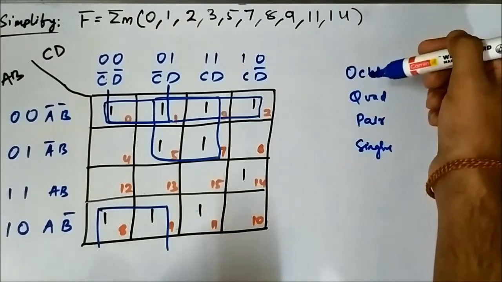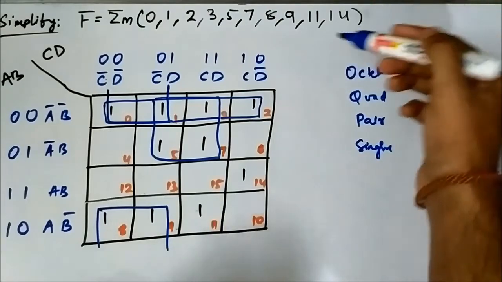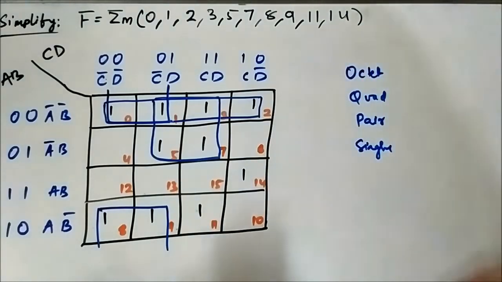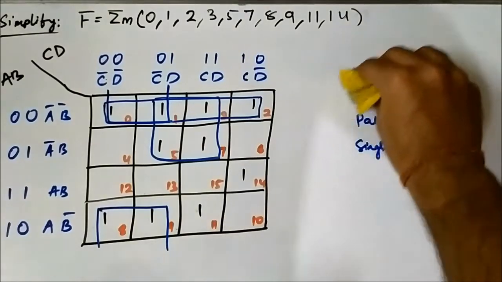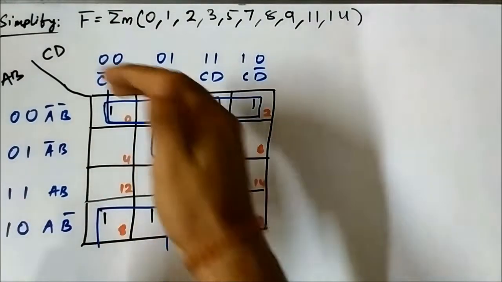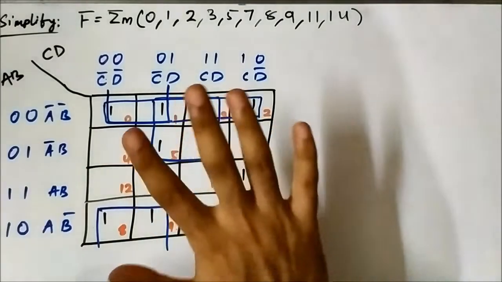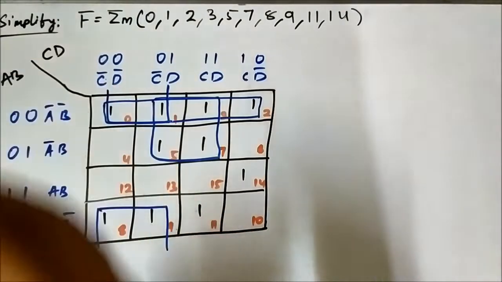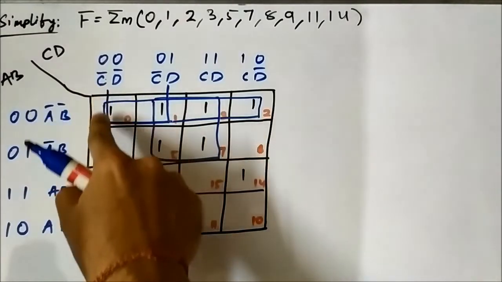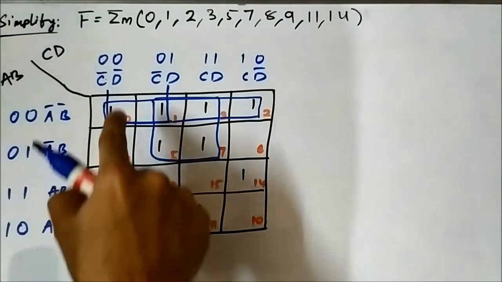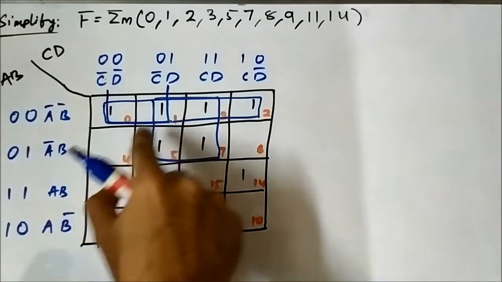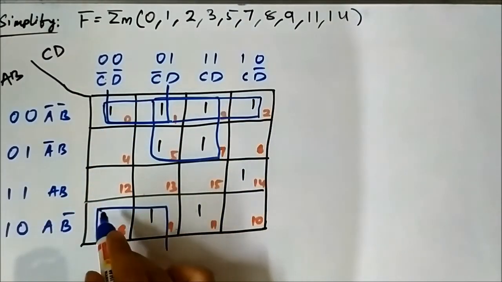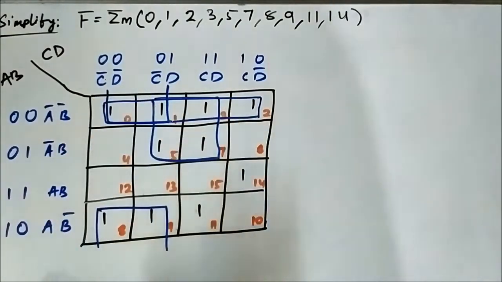Then higher priority than octet is the 16 cell group, but that rarely comes into play in a 4 variable K-map. That is possible only when all the cells are marked as 1. So always, if a higher group can be formed, always try to do that. And here, instead of forming pairs with these, we formed quads, 1 quad instead of 2 pairs.